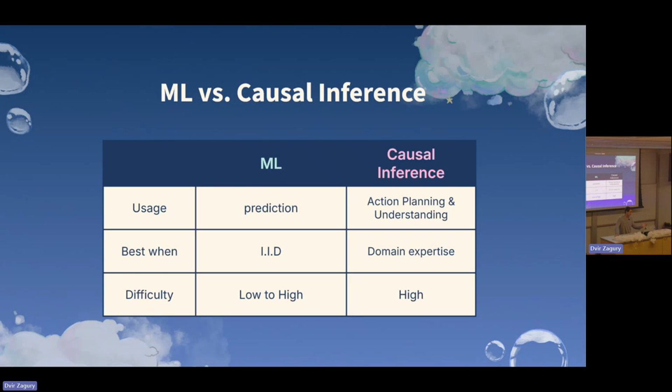Machine learning is great when you have that usage in mind, and you can have that assumption of the data not changing between training and prediction. And causal inference is good when you have some sort of domain expertise behind what's happening and you want to encode that in a model. Machine learning can be difficult, but there's also a higher variability. It can be easier in some cases.